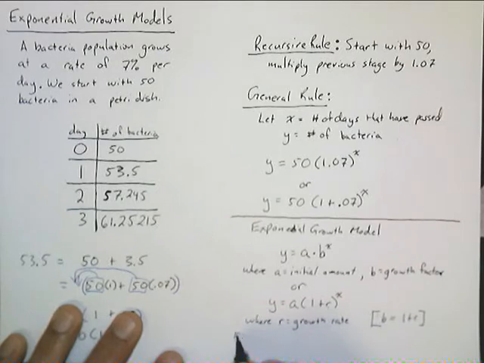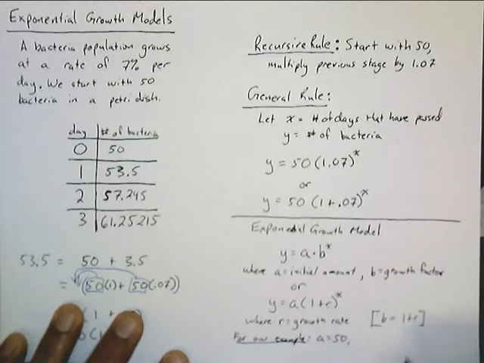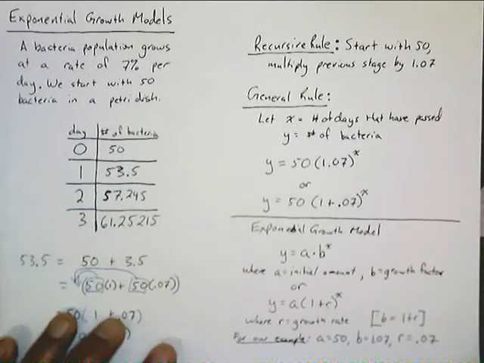So for our example, the initial amount, a, was 50. The growth factor, b, was 1.07, and r, the growth rate, is 0.07 or 7%.